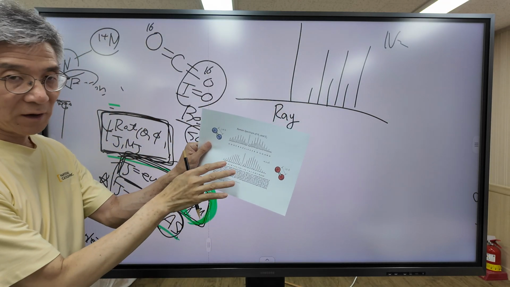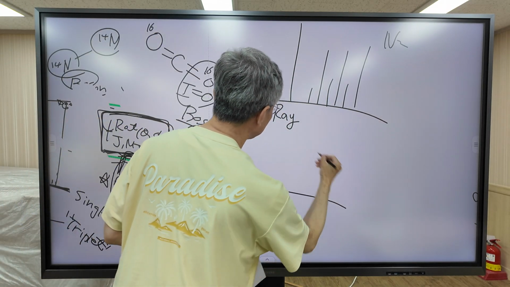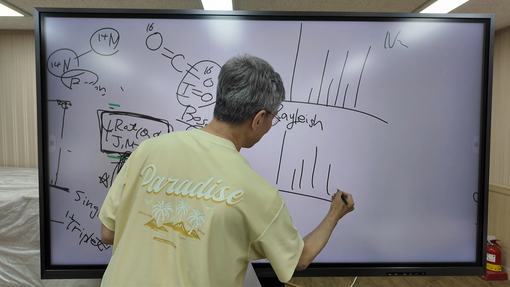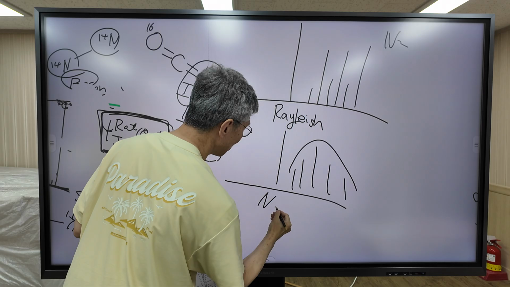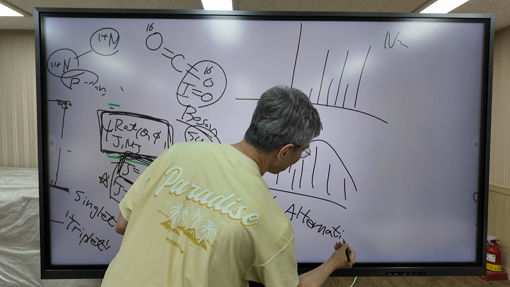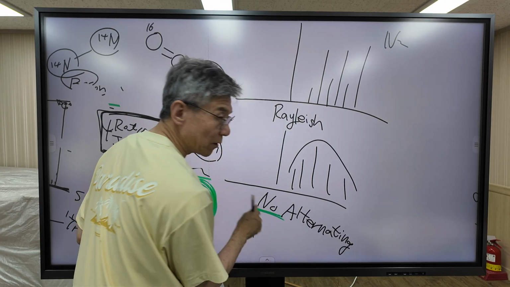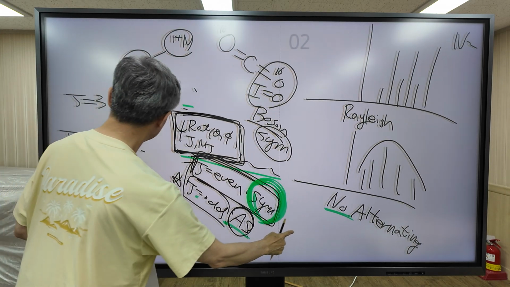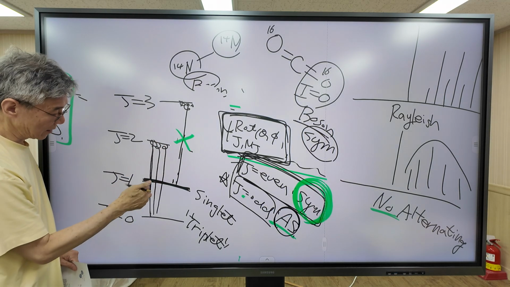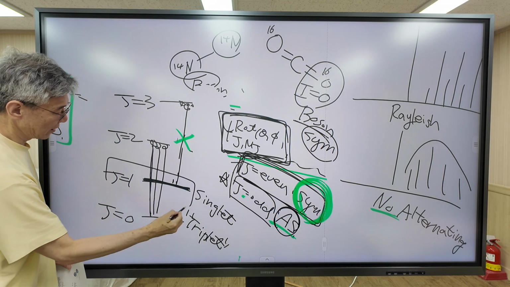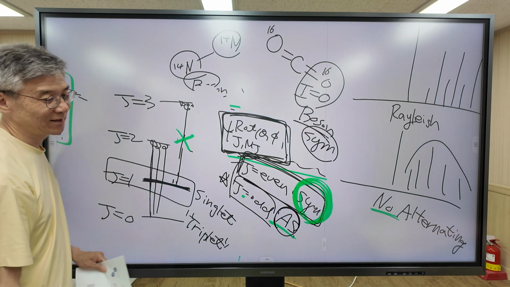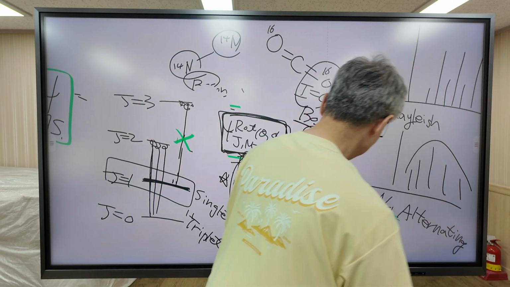But below, we show the oxygen Raman spectrum. There is no alternating pattern, because this line disappears, because quantum mechanically the J equal 1 state does not exist. Understand? So be careful.